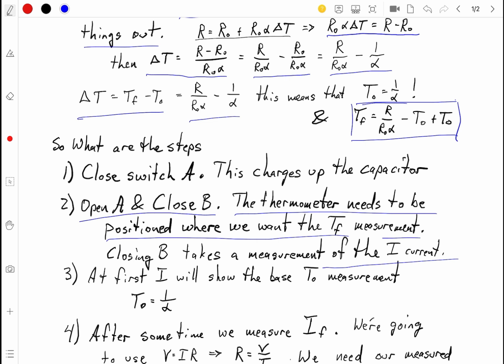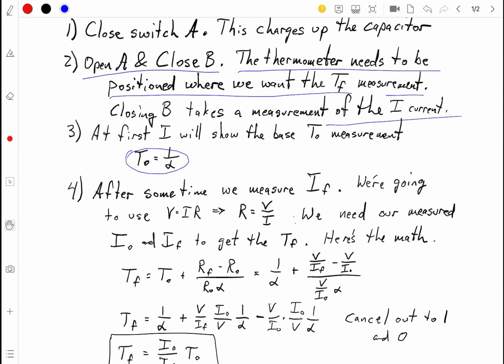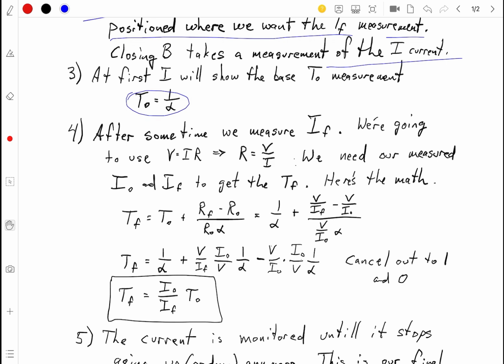At first, we have the initial current, usually at room temperature, so we figure out what that is. And after some time, we're going to measure our final current.